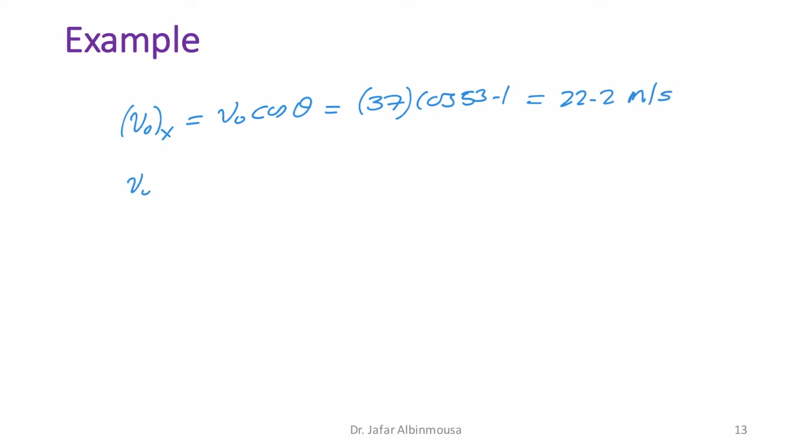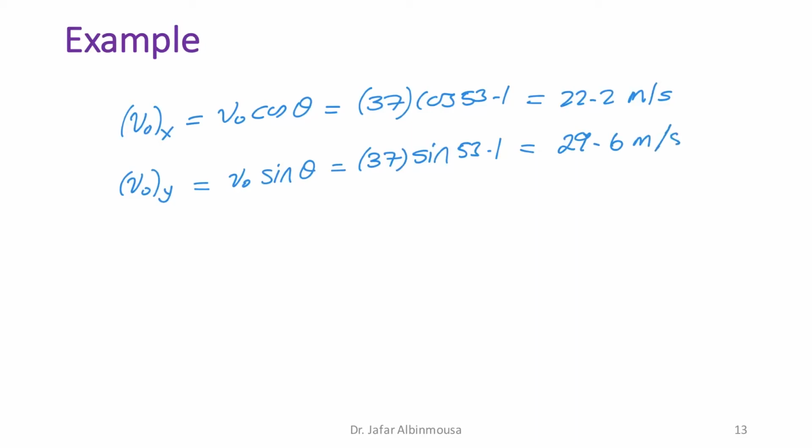We can also find v0y, which equals v0 sine theta, and this is 37 multiplied by sine 53.1 degrees, and this gives you 29.6 meters per second.